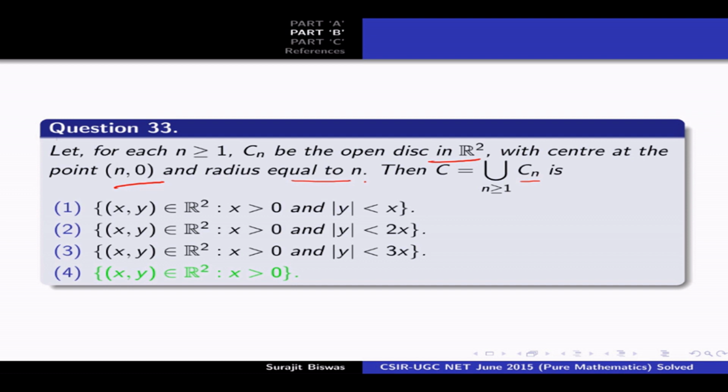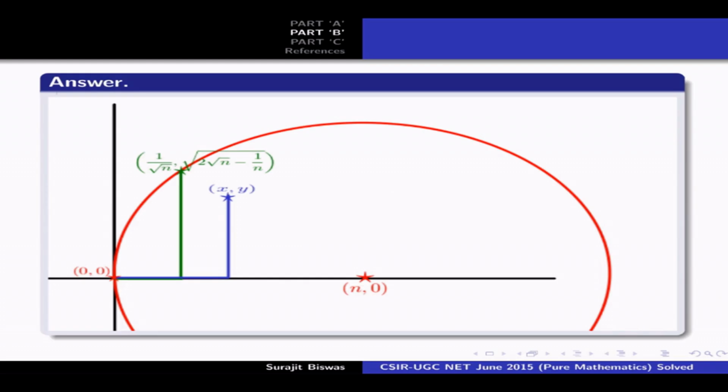We are given 4 options, but we will show that this C is equal to this set. This is the diagram, as you can see. If you take n sufficiently large, it would cover all the coordinates x greater than 0, all these elements with x strictly greater than 0.